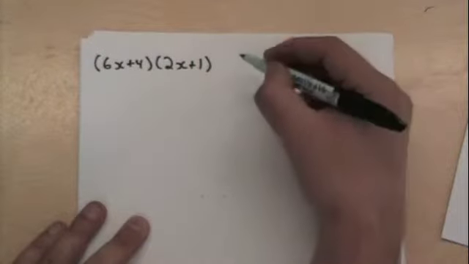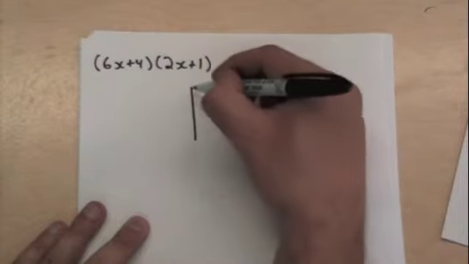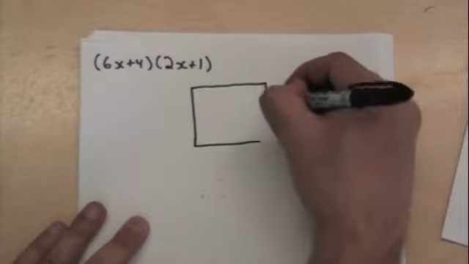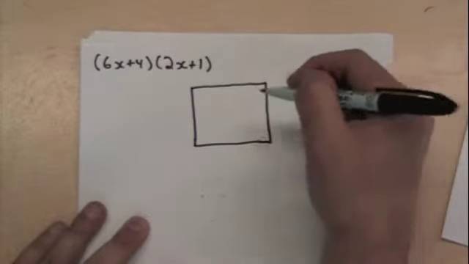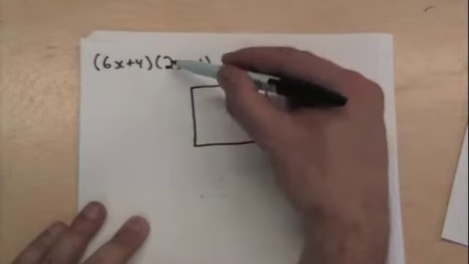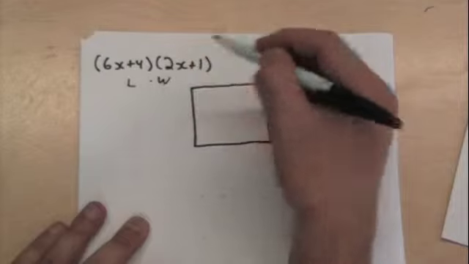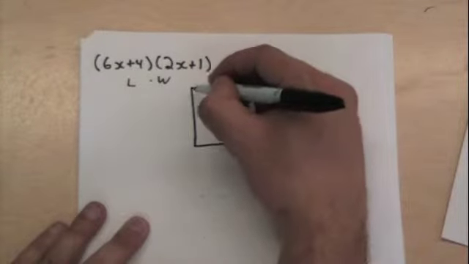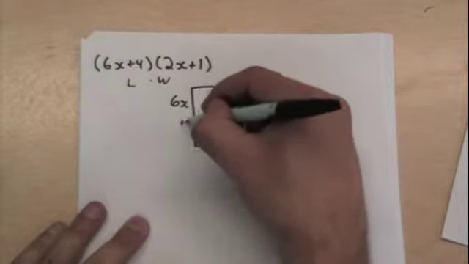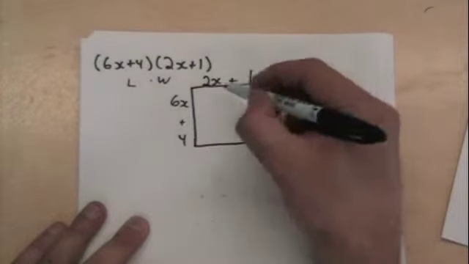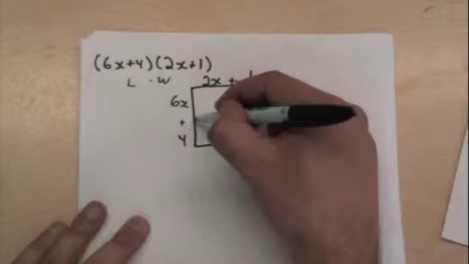I say it's slightly more difficult because now we have coefficients in front of our x. 6 is the coefficient of the x in the first binomial, and 2 is the coefficient of the x in the second binomial, but we can still think of it as length times width. So the length is 6x plus 4, the width is 2x plus 1. Again, we can break it up into the parts.